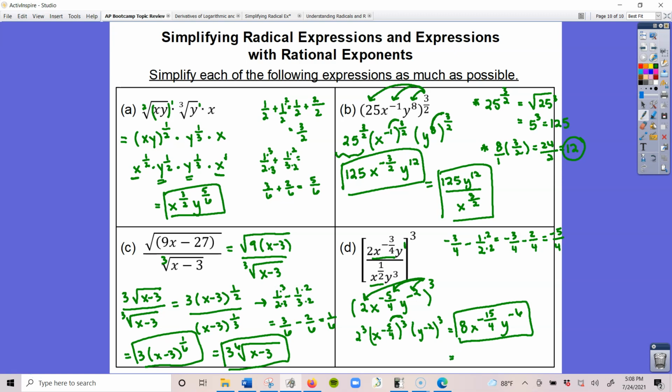However, if we rewrite this using only positive exponents, both the x and the y would move down to the denominator, but the 8 doesn't have a negative exponent, so that stays up in the numerator. So this would be 8 over x to the 15 over 4, y to the 6, and this would be your other acceptable answer.